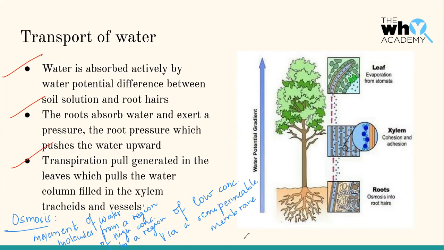So why did I bring osmosis into the picture here? Osmosis is what happens in the root hair. If you see this figure here, I'm not sure if it is clearly visible or not, they're basically trying to show you how water is taken up by the root. No other part of the plant takes up water. Even if you're watering the leaves every day, it doesn't matter.